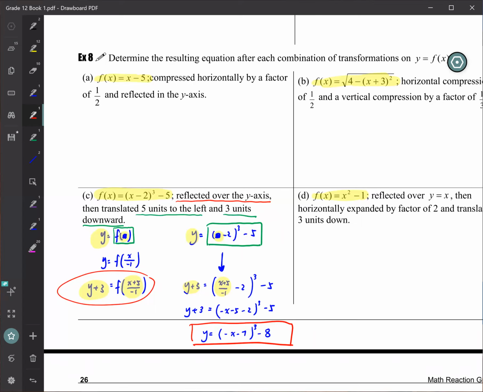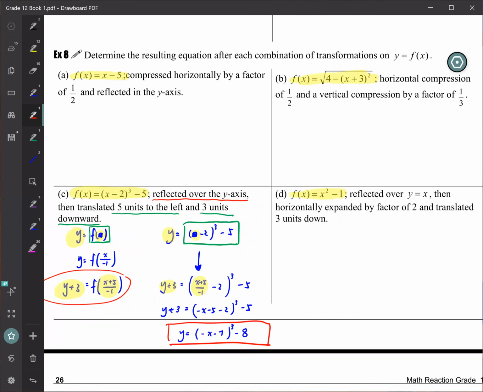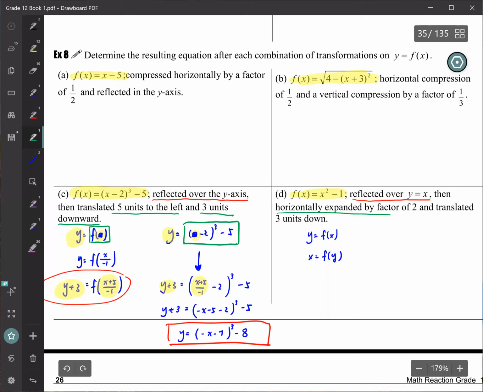I have to do D. Okay. So D, we can go over the same order. Original is f of x. So let's start with the first story here. We have reflect. Inverse. Very good. So we need to swap x equals, like that. And then x should be horizontally expanded by a factor of 2.